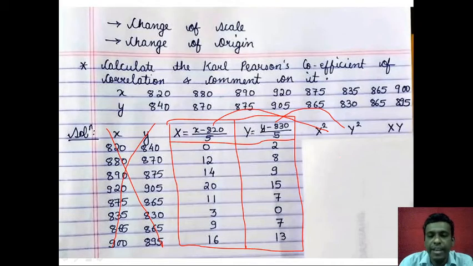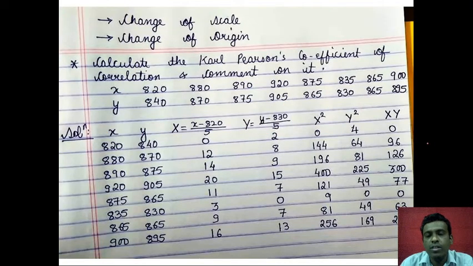We'll first find x square, that is 0 into 0 is 0. Similarly 12 into 12 is 144, and so on. So similarly y square values also we will get, that is 2 into 2 is 4, here it is 8 into 8 is 64, 9 into 9 is 81, and so on.